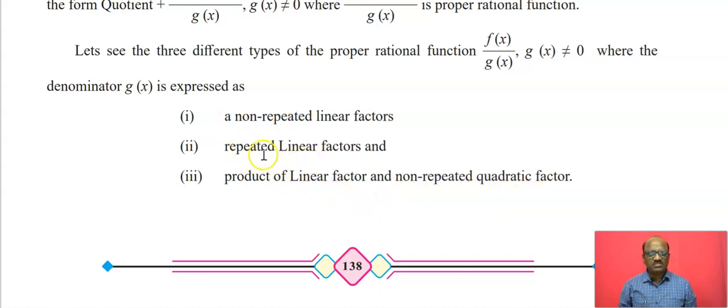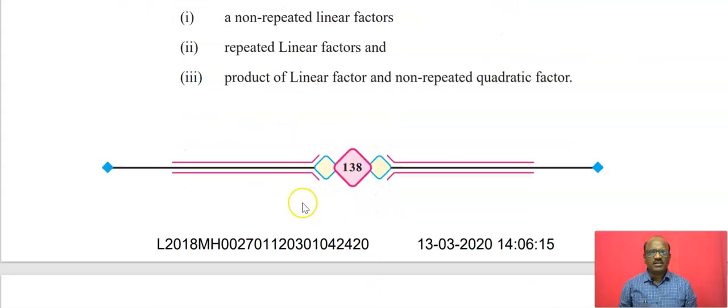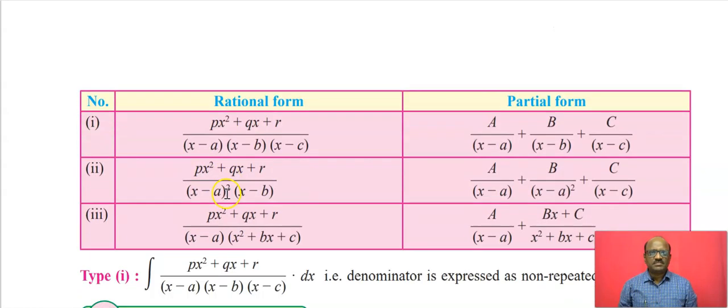Now see the meaning of non-repeated linear factors. In this case the rational form is px square plus qx plus r upon x minus a into x minus b into x minus c.